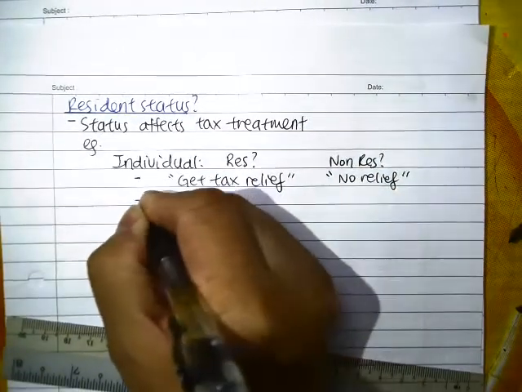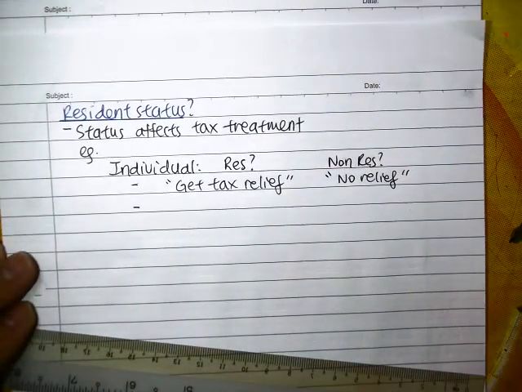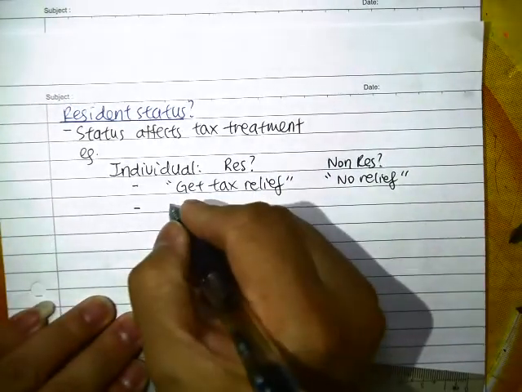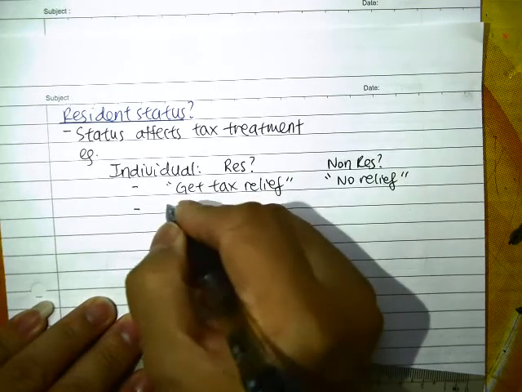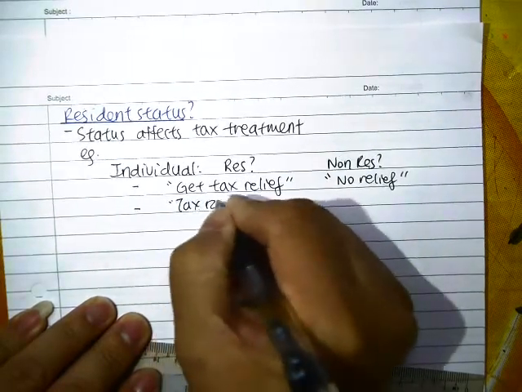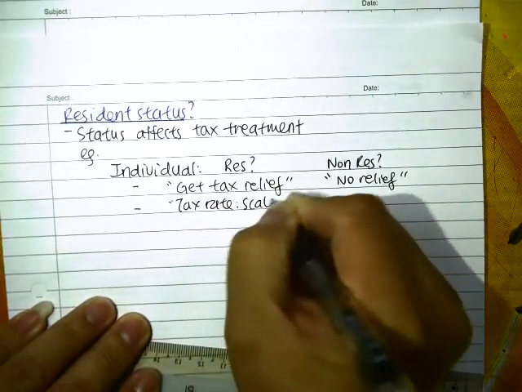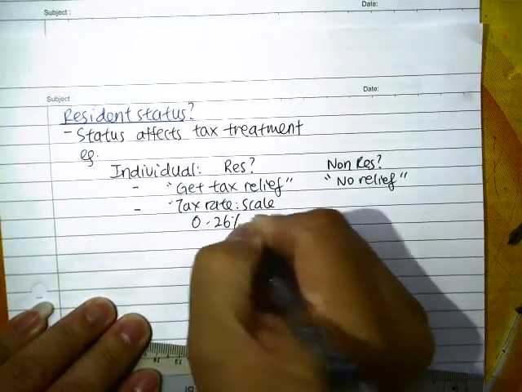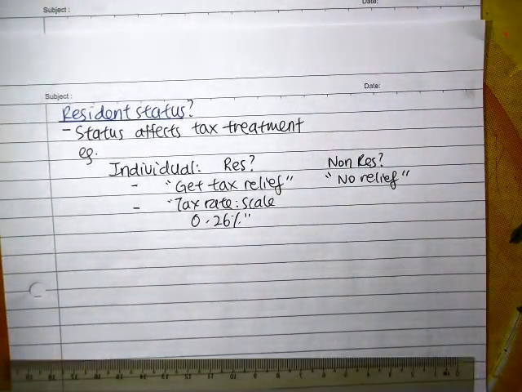Now, what other difference do you see? As a resident, you pay tax at a lower rate because your tax rate is scaled from 0 to 26. So that itself is an advantage. You pay less tax.